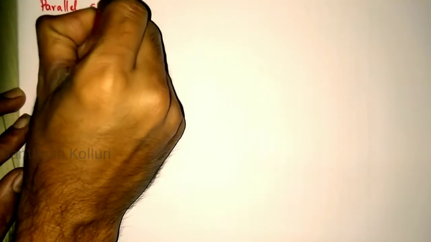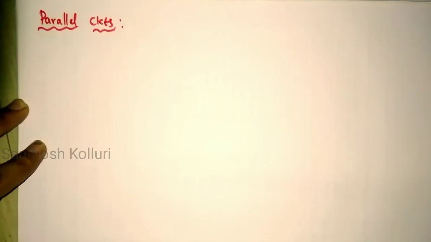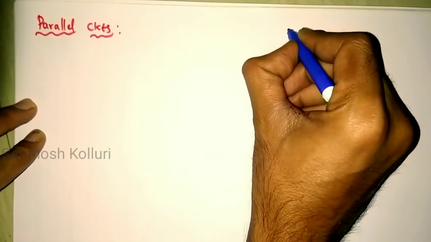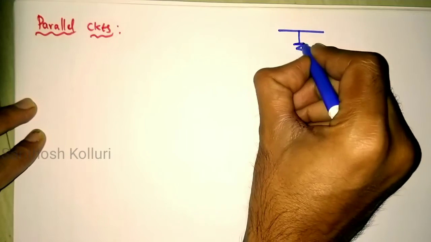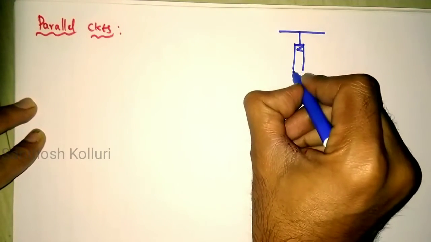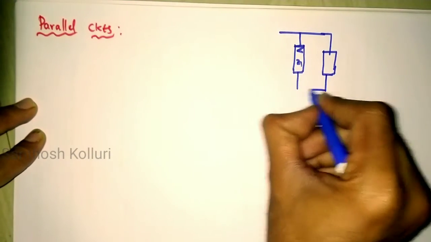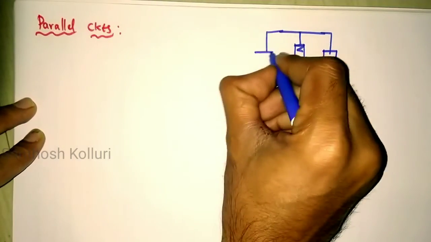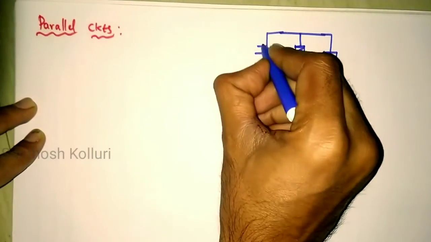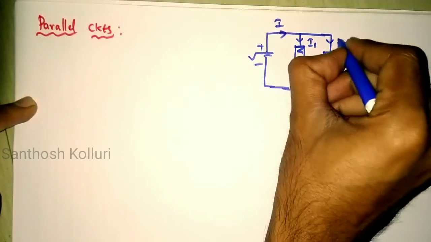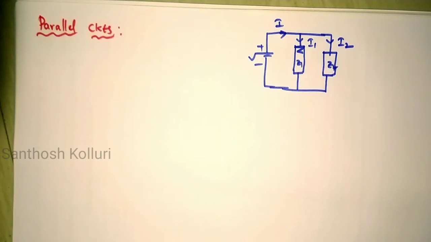Next one is parallel circuits. If I consider a parallel circuit here, with Z1 and Z2 applied across a voltage source V, total current I, the current will be divided but the voltage is the same across the elements.